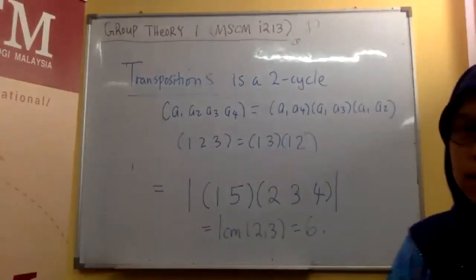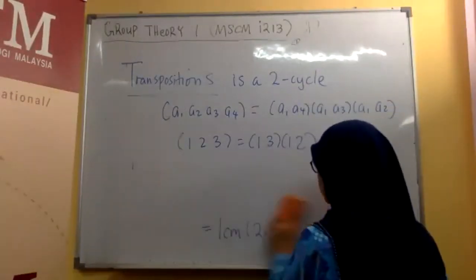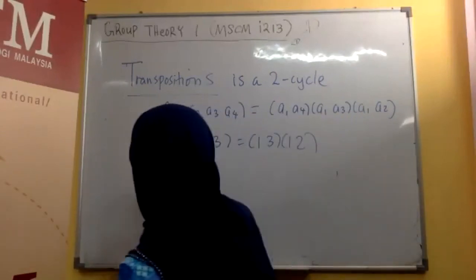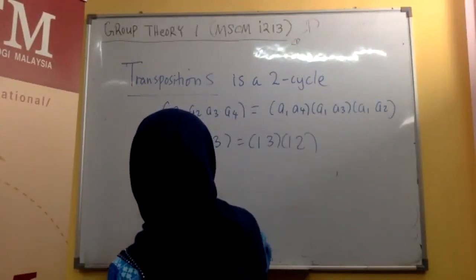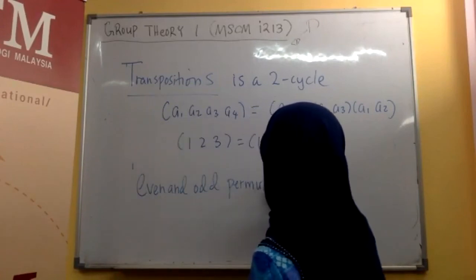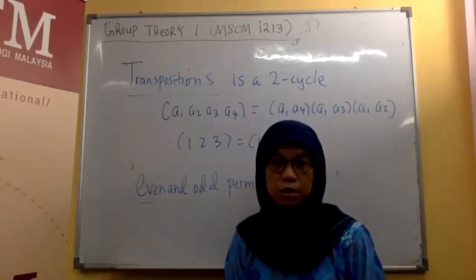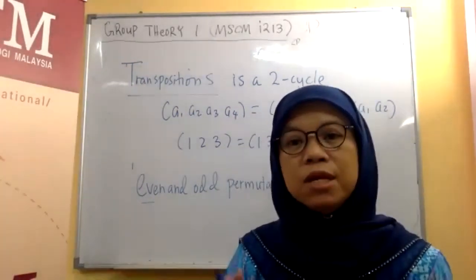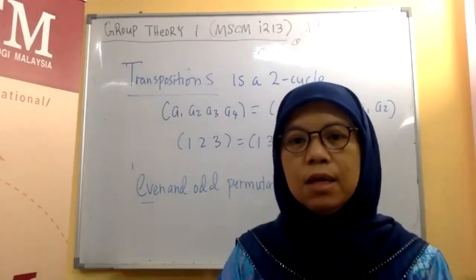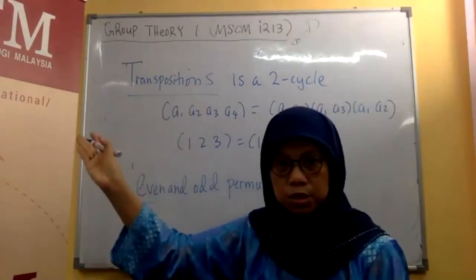So why do we need to write a permutation in terms of 2 cycles? Because next we have even and odd permutations. An even permutation is a permutation that can be written as an even number of transpositions.